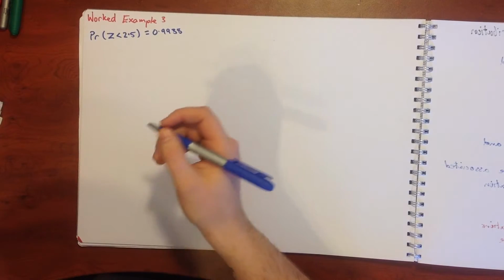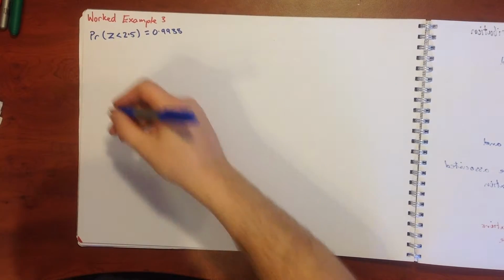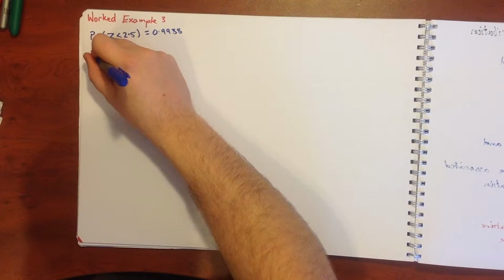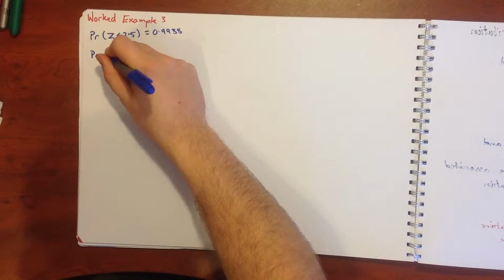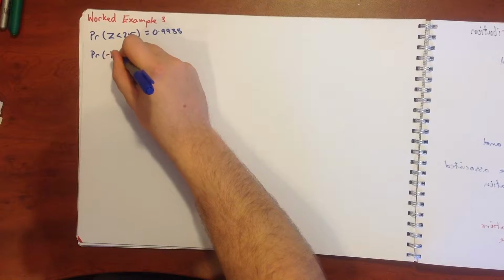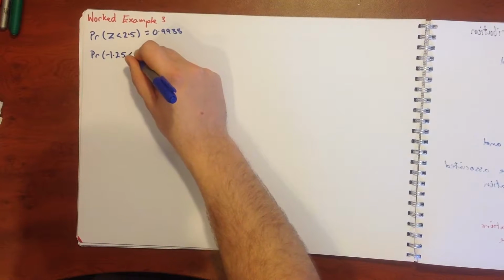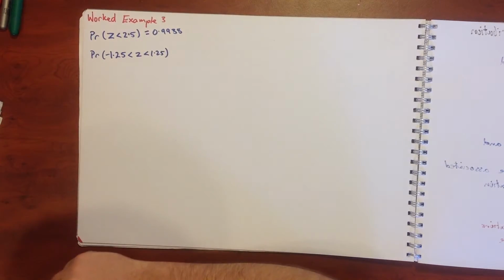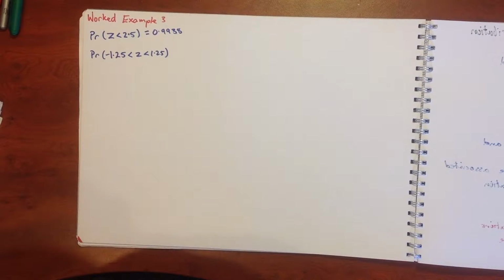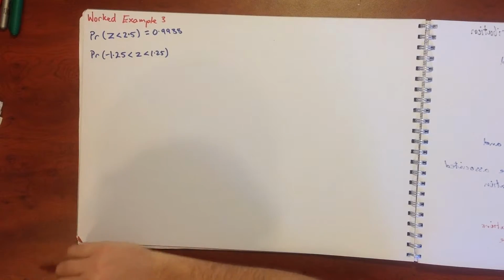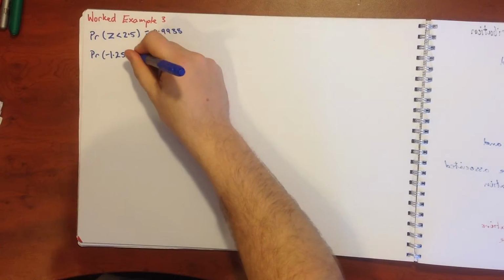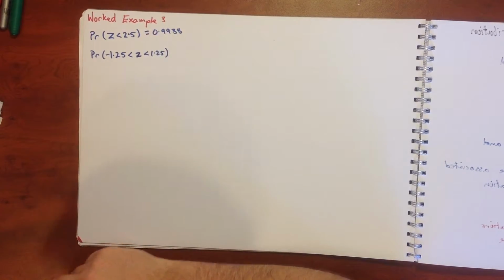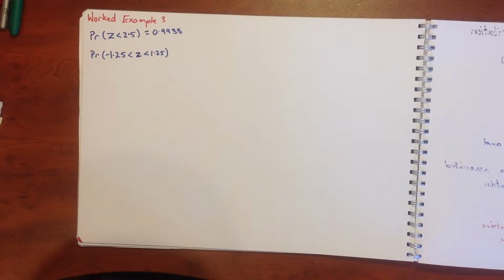For part A II, we want the probability that z is greater than negative 1.25, but less than positive 1.25. Again, we're not on our nice numbers or multiples of our standard deviation, so we need to use our CAS calculator.